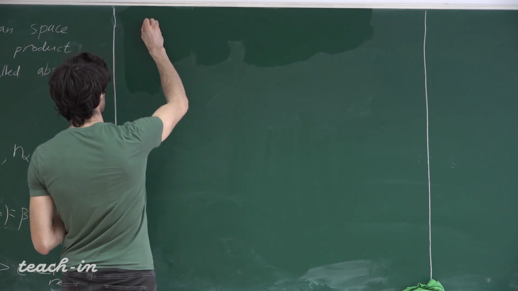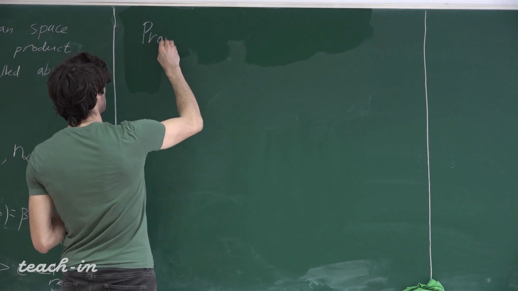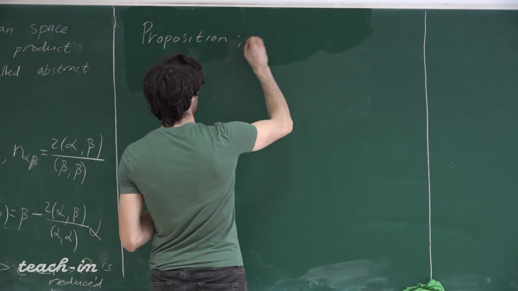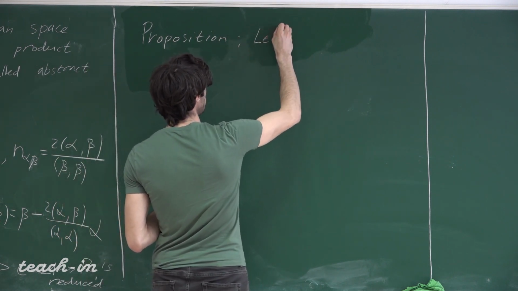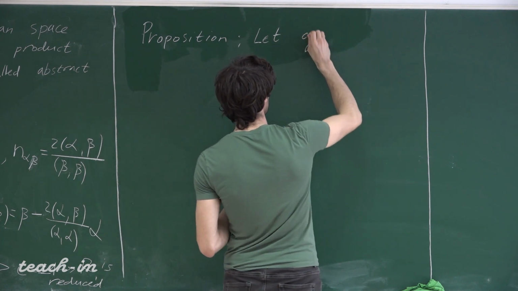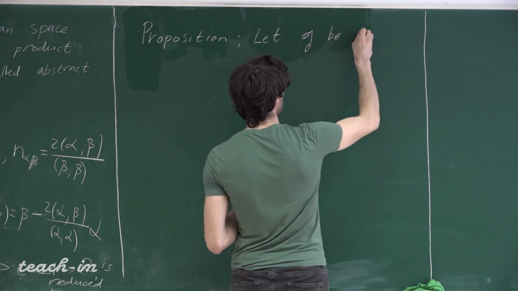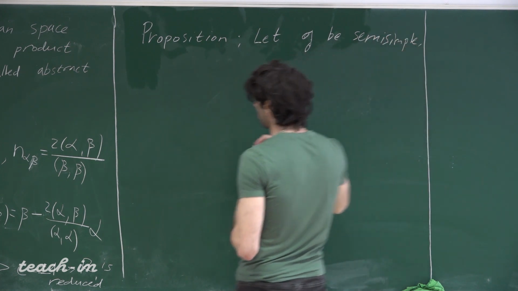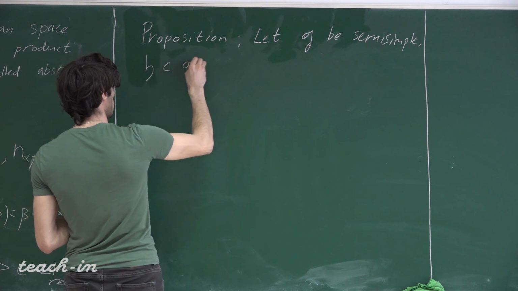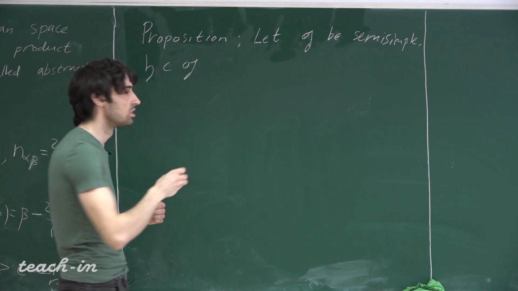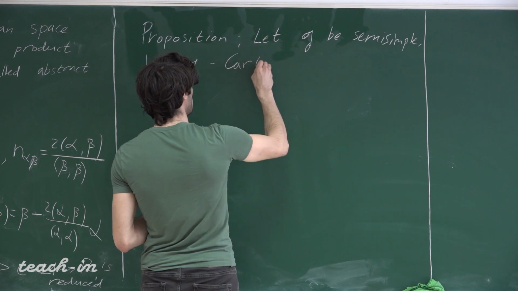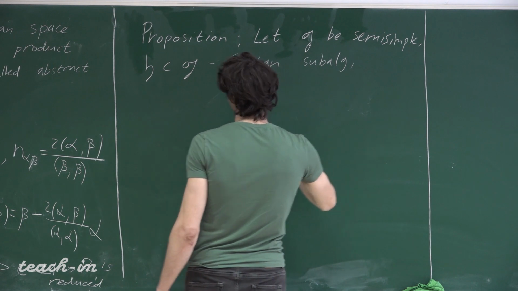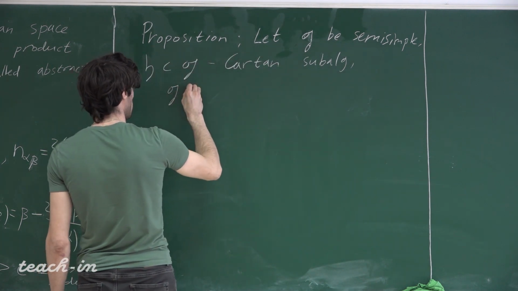So our proposition is the following. Let G be semi-simple. H is a Cartan subalgebra of G. Then you have the root decomposition.